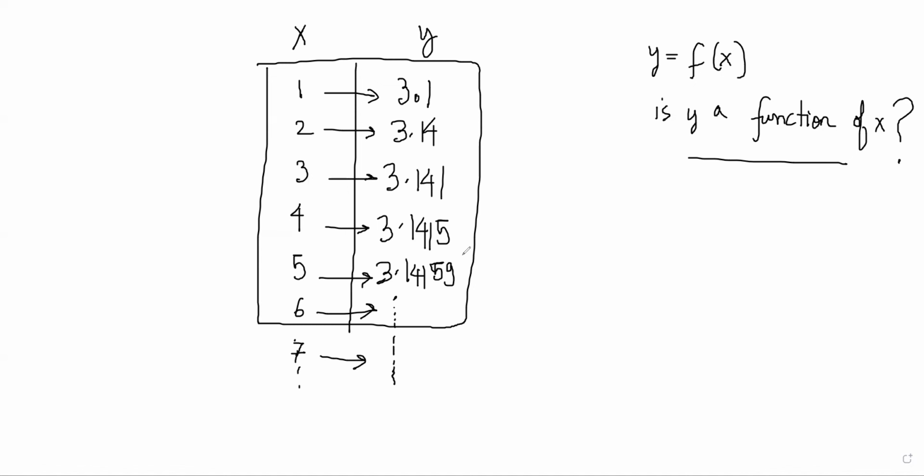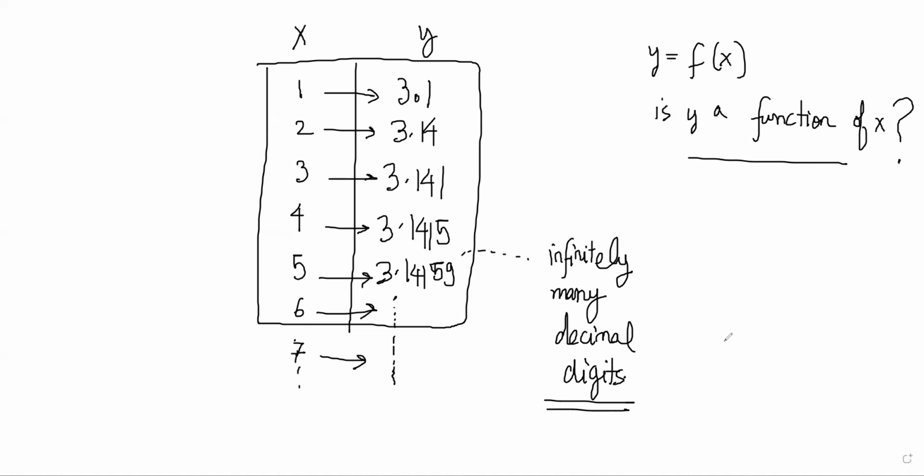X is the set of natural numbers, and Y has infinitely many digits after the decimal point, and basically pi has infinitely many digits after the decimal point. So if X is a given value, Y is pi up to X digits after the decimal point. Correct. But can you write Y is a function of X? What is the relationship? That is impossible, almost impossible.